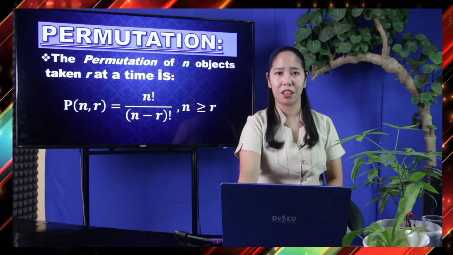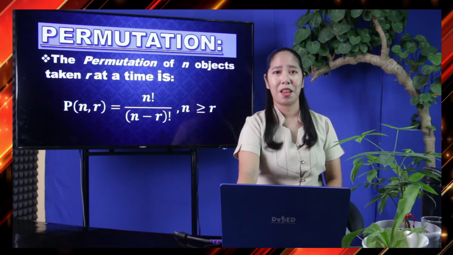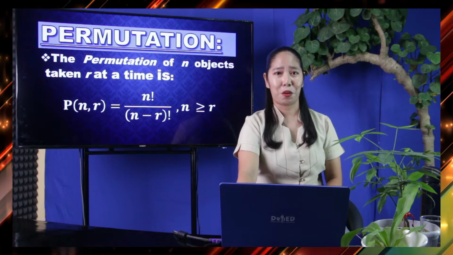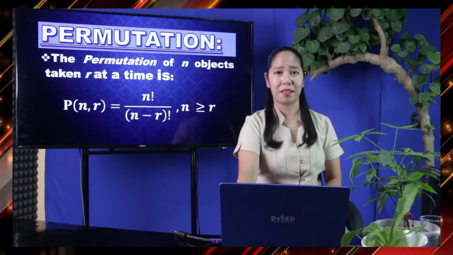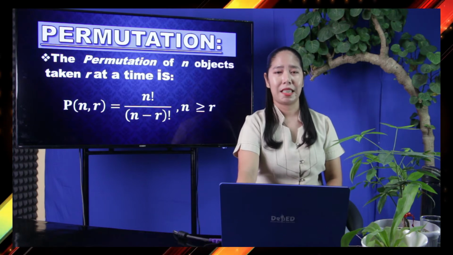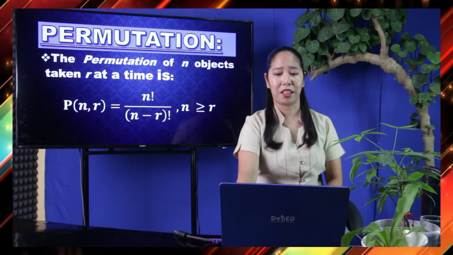In symbol, we have capital letter P, open parenthesis, small letter n, comma, small letter r, close parenthesis, equals n factorial over, open parenthesis, n minus r, close parenthesis, factorial.